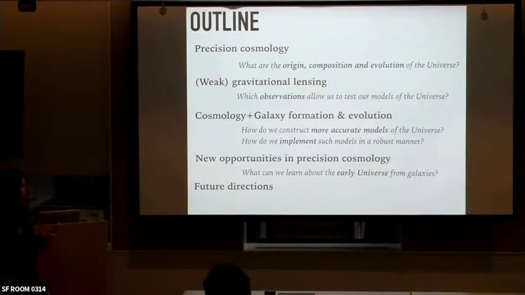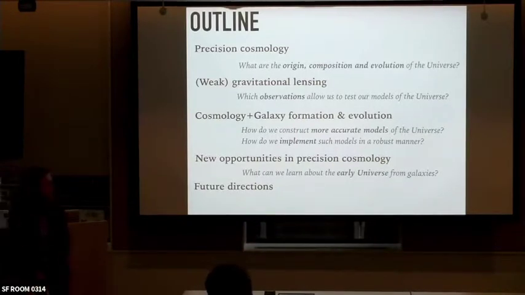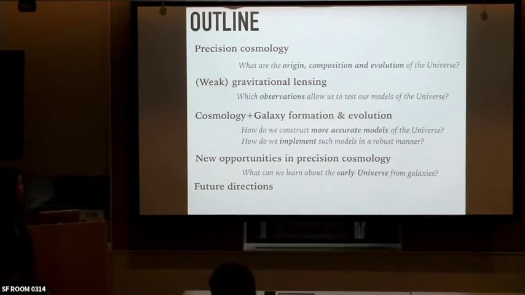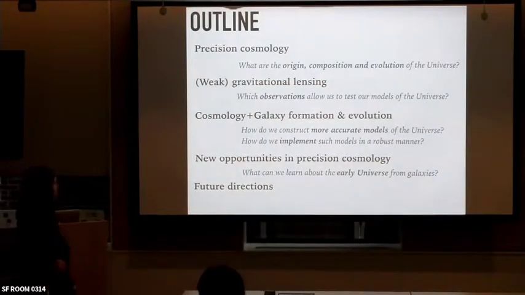I'll talk a little bit about precision cosmology and what that means, but I think it doesn't need much introduction here. The probe that I'll be focusing on for this talk is weak gravitational lensing. So I'll tell you about which observations allow us to test our models of the universe.